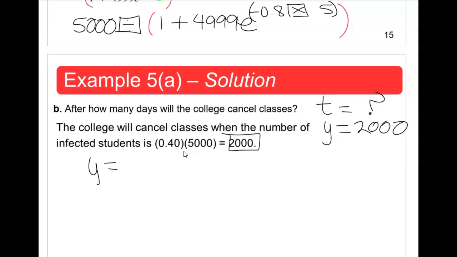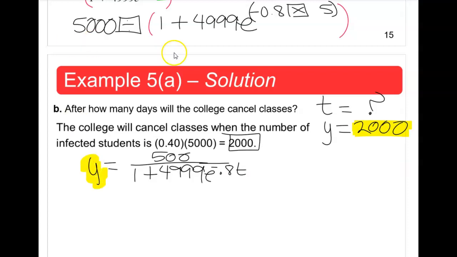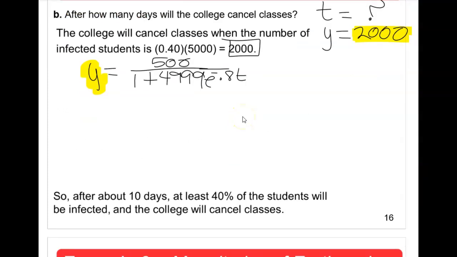So if the model goes like this, what we're going to do is replace the y with the 2,000, and then we're going to solve for t. So 2,000 here, then we have this here.